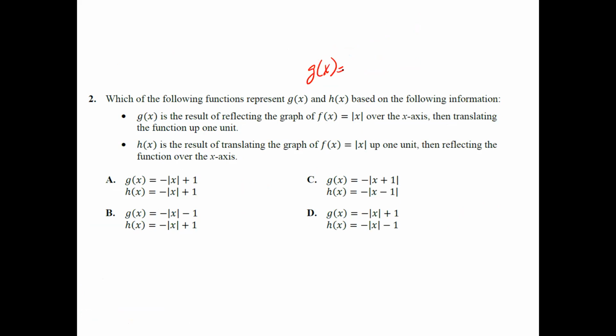So g(x) is going to be reflecting over the graph, so it's going to have a negative absolute value of x and then translating up 1, so plus 1. h(x) is going to be translating the graph of this, so negative x, and it's going to be 1 unit up. So which one does it look like it's going to be? Probably D.